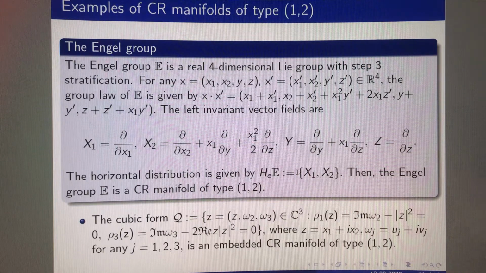And now we're going to have a look at the second one. So we define an almost complex structure on the horizontal distribution by X1 mapping to X2 and X2 mapping to minus X1.